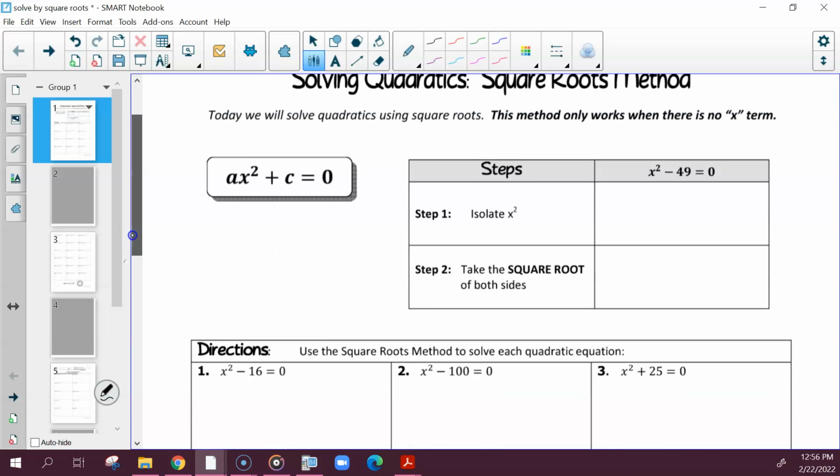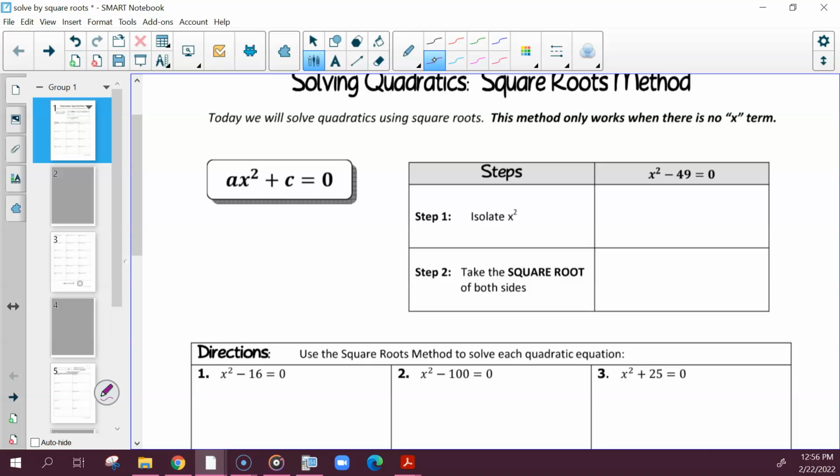In order to do this, you have to do these two steps first. Isolate your x squared. So for this example, x squared minus 49 equals 0. We're going to add 49 to the other side. So we have x squared equals 49. Then we're going to take the square root of both sides.